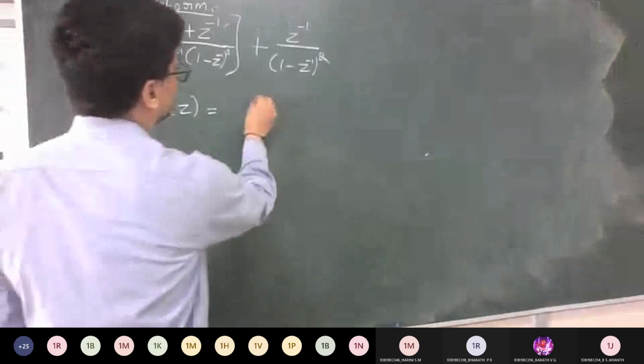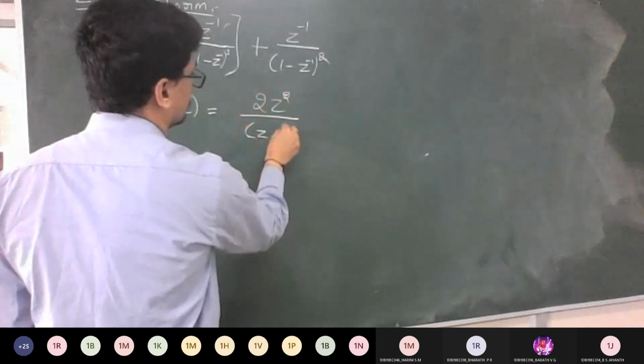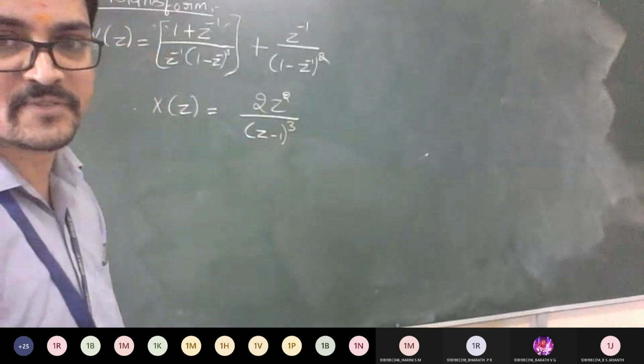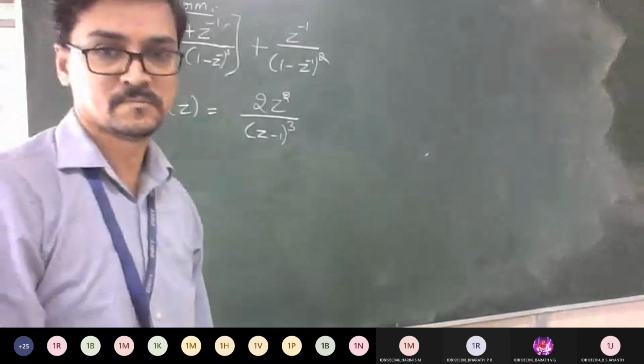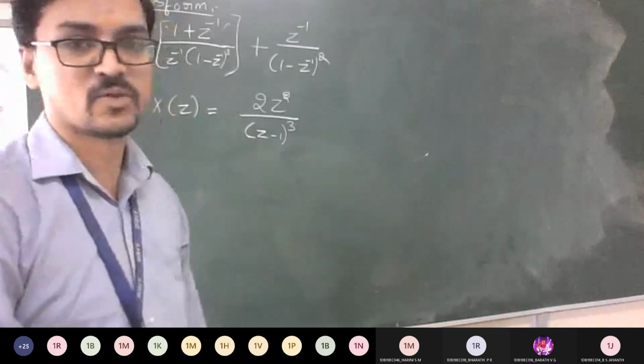Check it out, you are going to get, is it 2z square divided by z minus 1 whole cube? Is it the answer you are going to get after simplification? Two z square divided by z minus 1 whole cube.